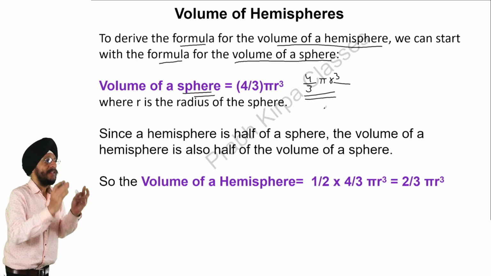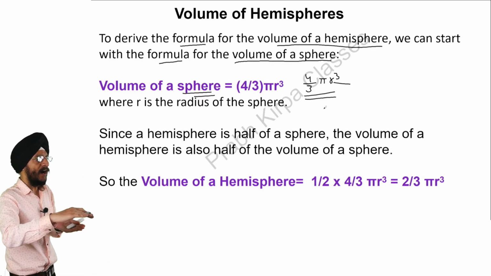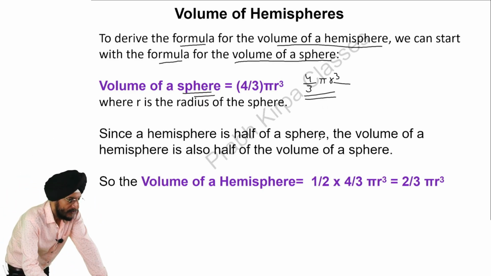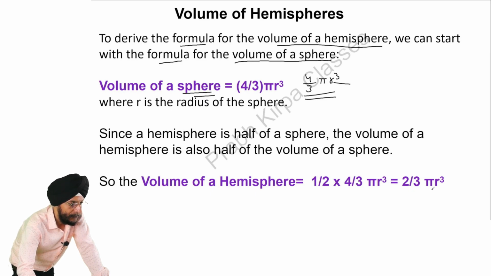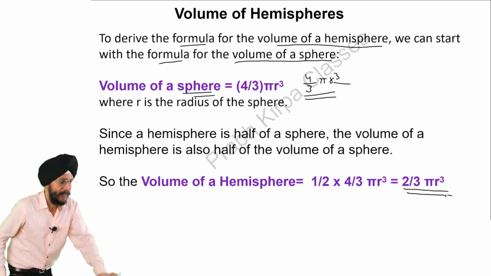You know that the hemisphere is only half of the sphere. The volume of a hemisphere is also half of the volume of a sphere. So the volume of a hemisphere is 1/2 into 4/3 pi r cube. So we will arrive at 2/3 pi r cube. So this is the formula to calculate the volume of a hemisphere.